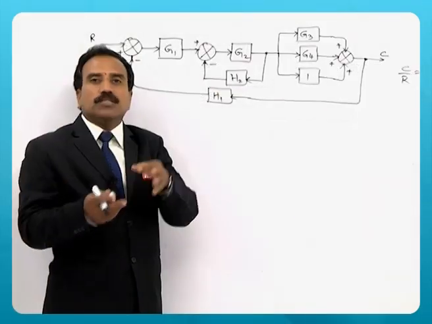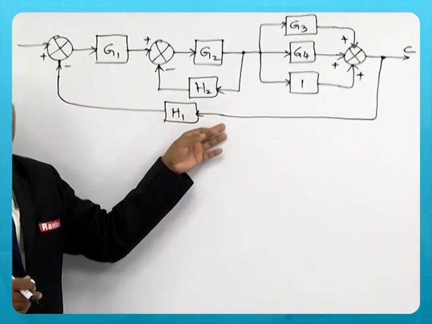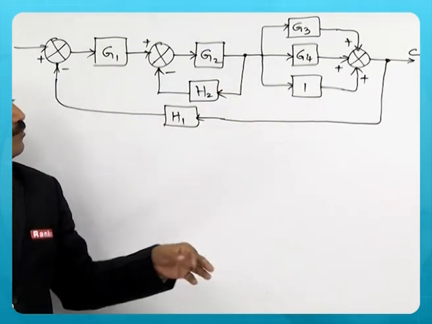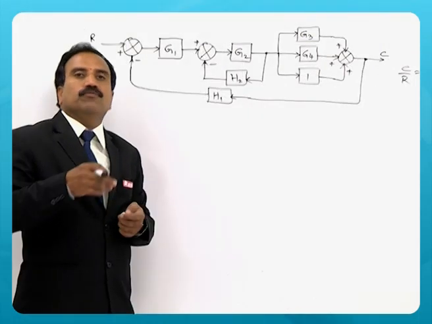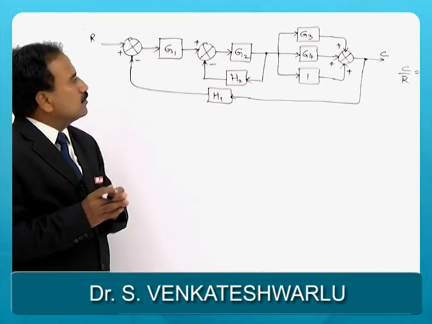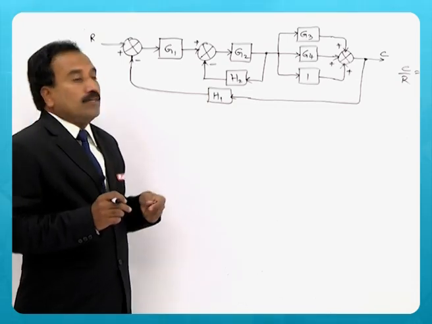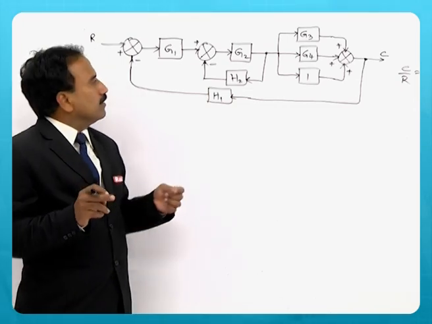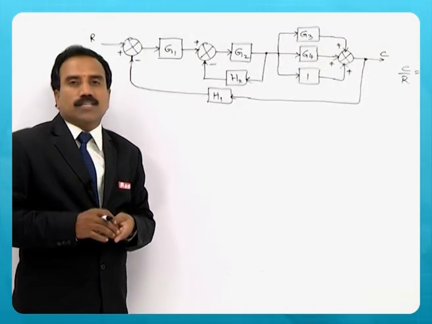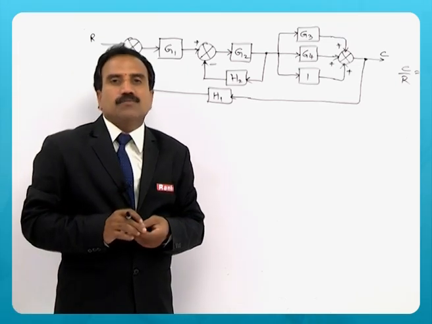Cascading, you can apply the rule, and finally all such. But you need to draw this block diagram when you are reducing one rule after one rule. Probably you may have to draw this diagram 4 to 5 times, and finally you will get a single block whose overall transfer function can be represented in the block. Now you can use signal flow graph technique by converting this block diagram into signal flow graph and apply Mason's gain formula. That will be the easy way to find out the overall transfer function.